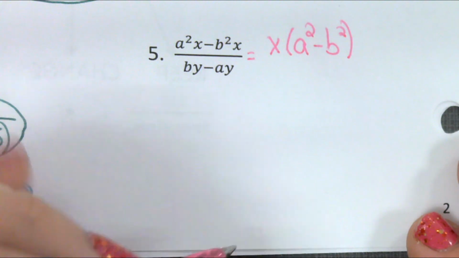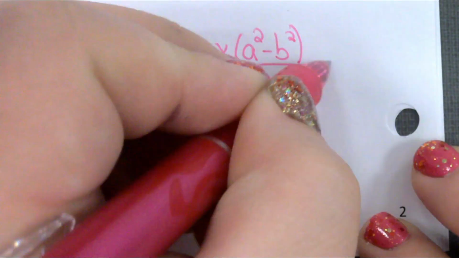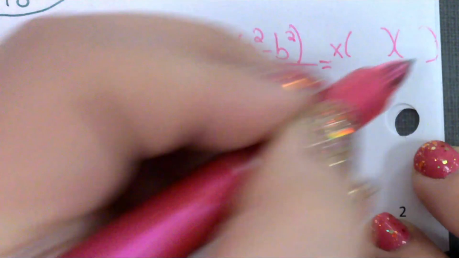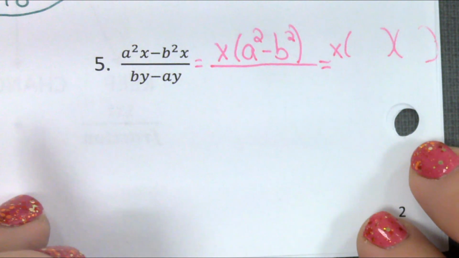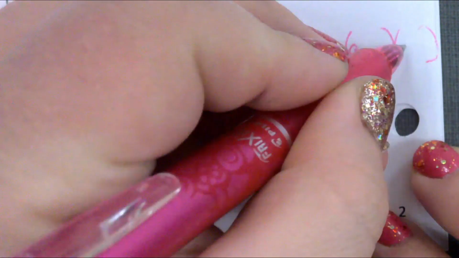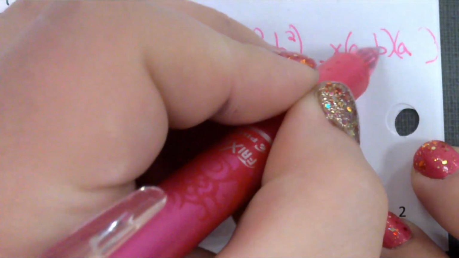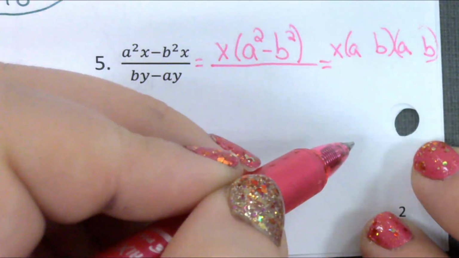So I can factor that again. Two sets of parentheses. And I'll have square root of the first term, which is a, going in the first spot of each one. Square root of the last term, which is b, going into the last spot of each one. One of them will be plus, and one of them will be minus.